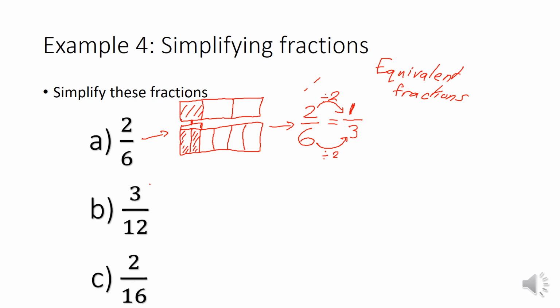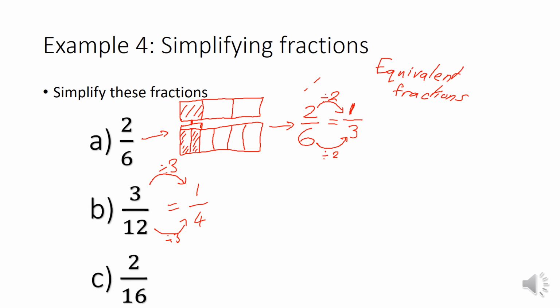So what we'll do, we'll divide it by 3. So if we divide 3 by 3, we get 1. If we divide 12 by 3, we get 4. So 3/12 equals 1/4.